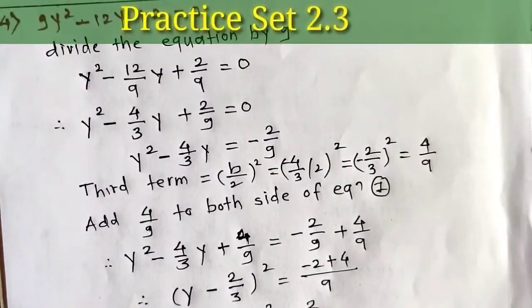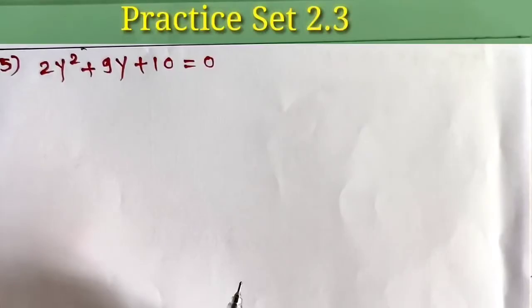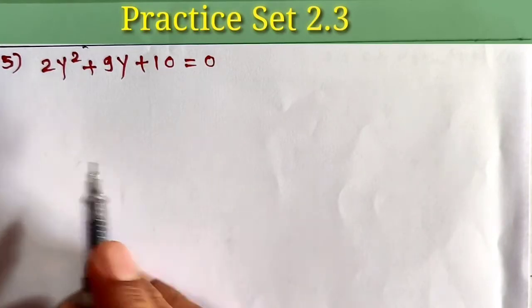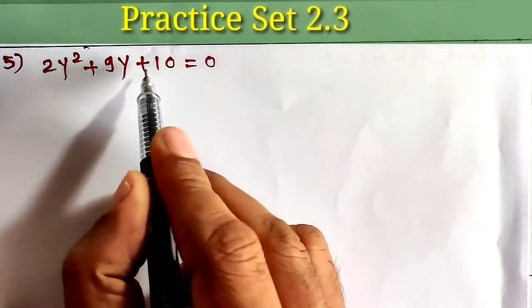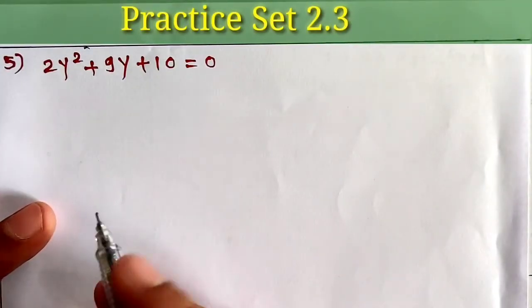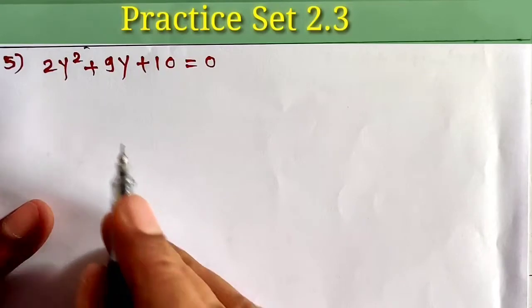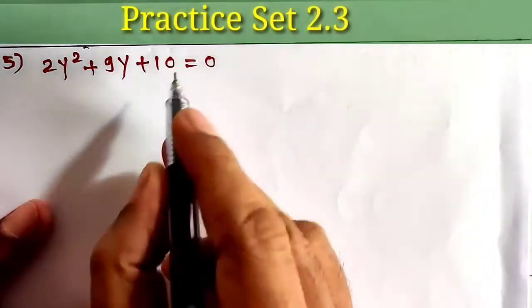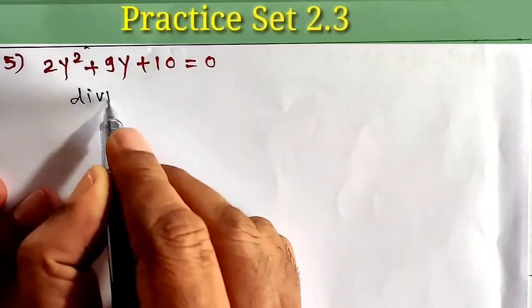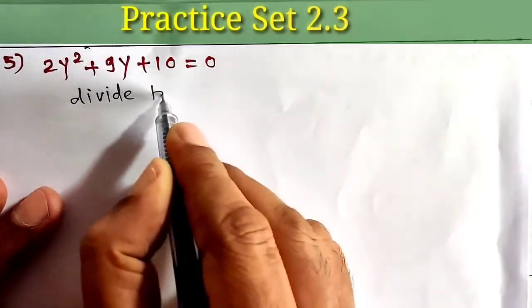So in this way we can solve that quadratic equation by the completing square method. So let us see one more sum from this. Here it is, question number 5, sum number 5 from practice set 2.3. 2y square plus 9y plus 10 is equal to 0. Now you know how to solve. Make the coefficient of the square term 1, means divide both sides by which number?